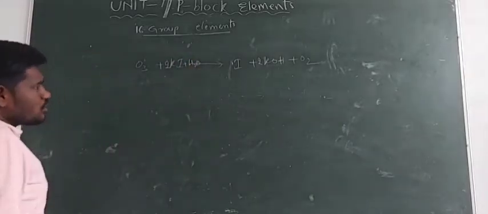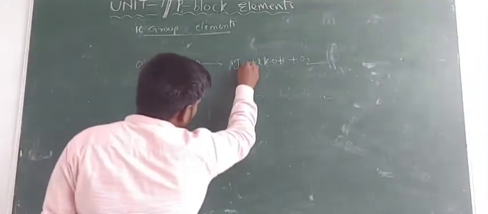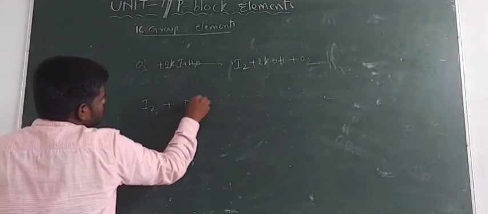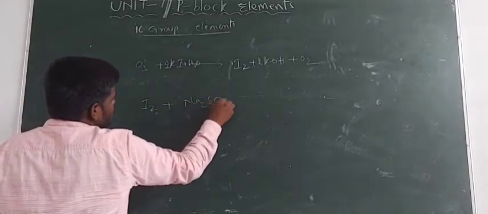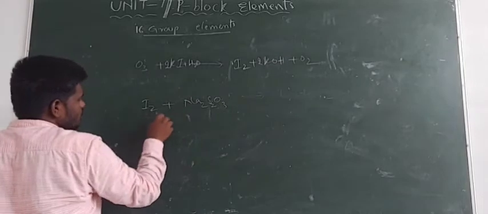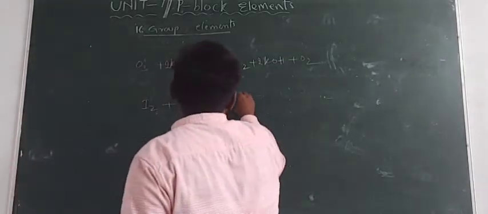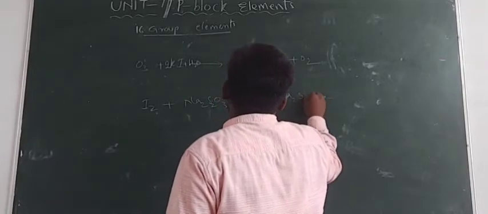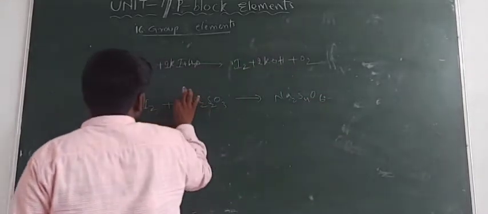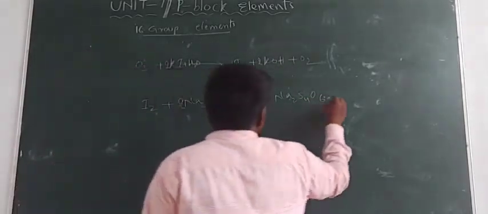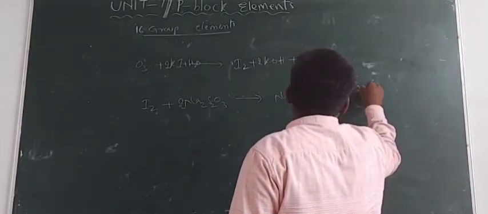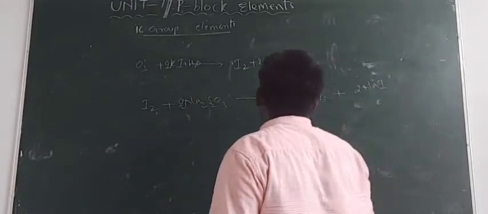Now this I2 is titrated with sodium thiosulfate, Na2S2O3. Then we can get Na2S4O6. When you balance this, you get 2 here. And the next one, we get 2 moles of sodium iodide.